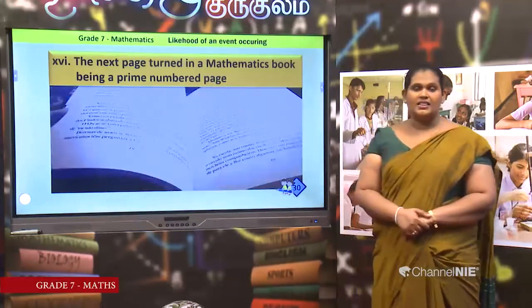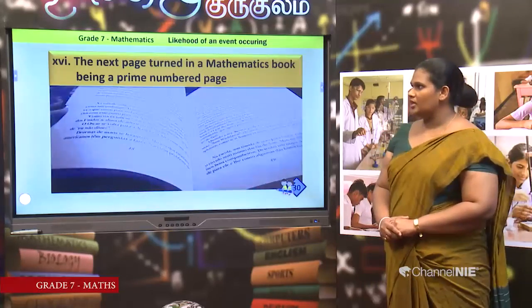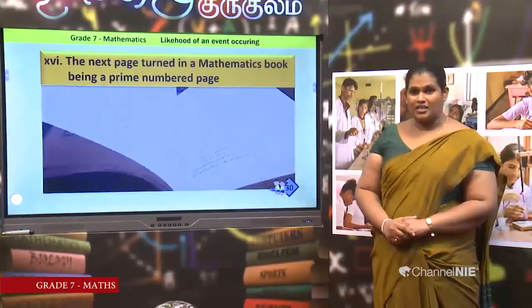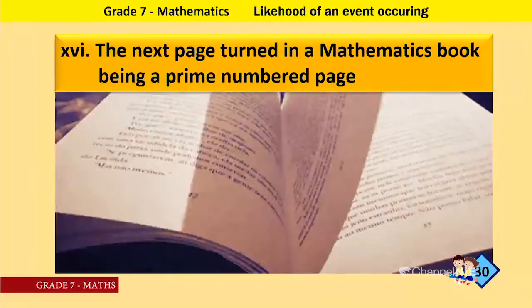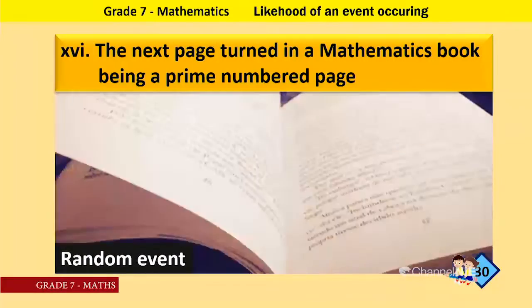Next one, the next page turned in the mathematics book being a prime number. Right. Once again, you can't say, but it might be a prime number or it might not. Therefore, once again, it's a random event.